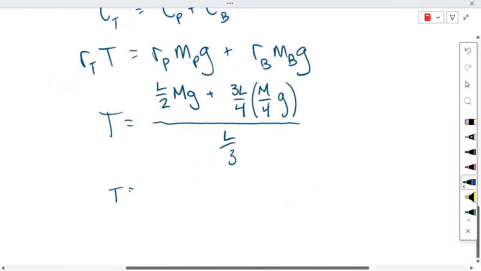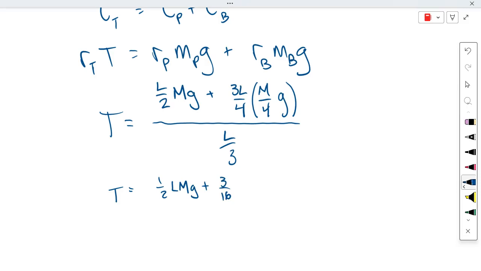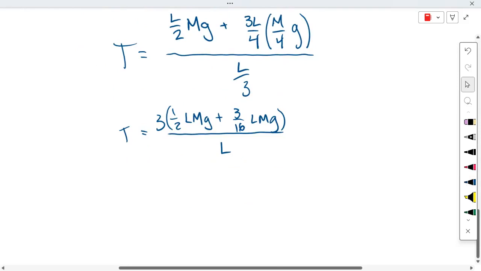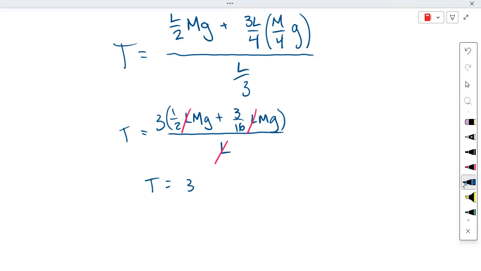So we've got 1/2 LMg plus 3/16 LMg, divided by L over 3. Dividing by that is the same as multiplying by 3 over L. We've got an L in both of those terms, so they cancel. 1/2 is 8/16, plus 3/16 is 11/16.